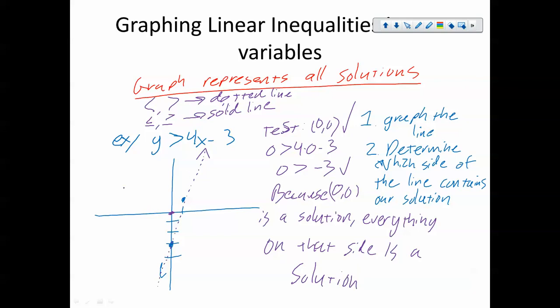Everything on this side of the line is a solution. Well, to represent solutions, we had a solid line. But because every single point on this side of the line is a solution, we need to somehow represent everything on this side of the line, and the way we do that is by shading it in.